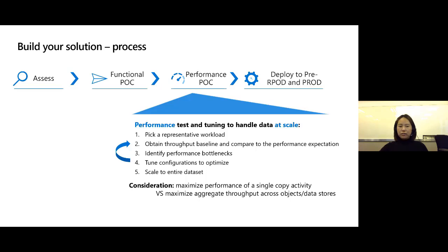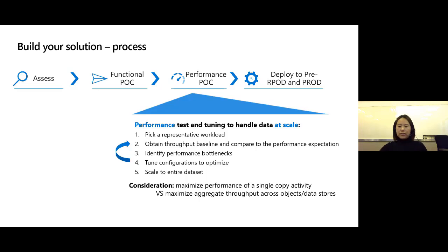And it can run for a longer time, for example, more than 10 minutes, just to avoid some noise of the startup time. Then based on your initial configuration, you can get a baseline throughput. And you can use that to compare: if I use this throughput to scale to tackle my entire workload, will that really meet my performance expectation?